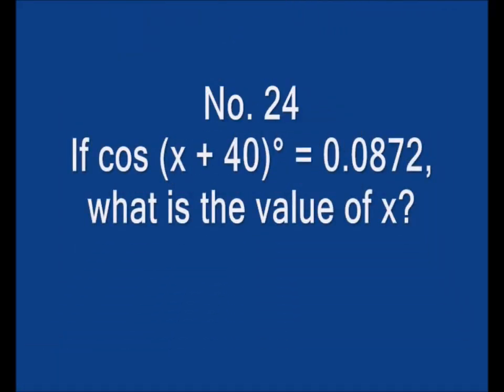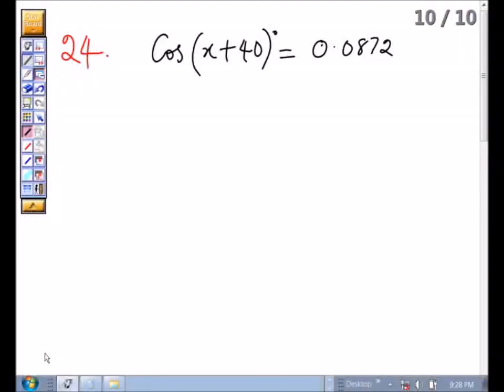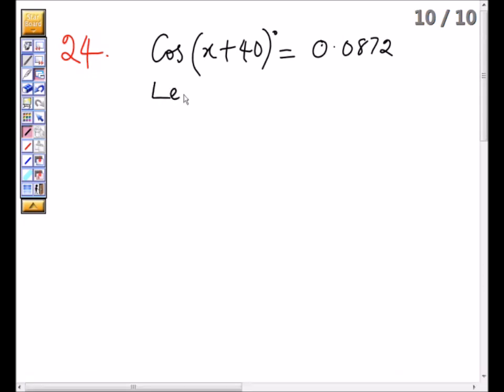Question number 24. If the cosine of angle x plus 40 degrees is equal to 0.0872, what is the value of x? What we do here in this question 24 is to replace the x plus 40 that is inside the bracket by a single variable, let's say theta.